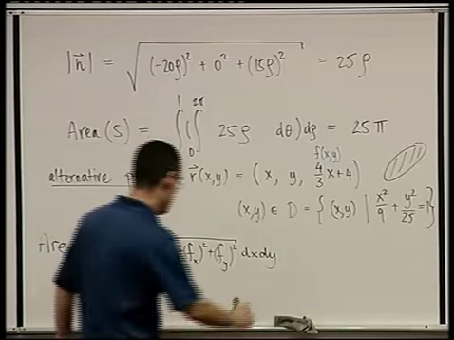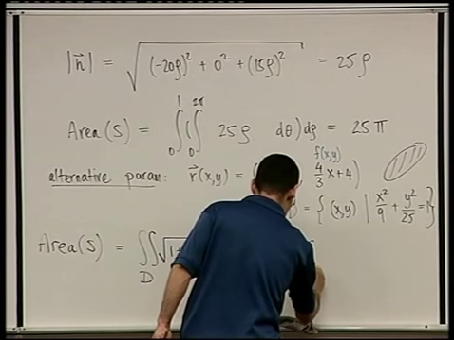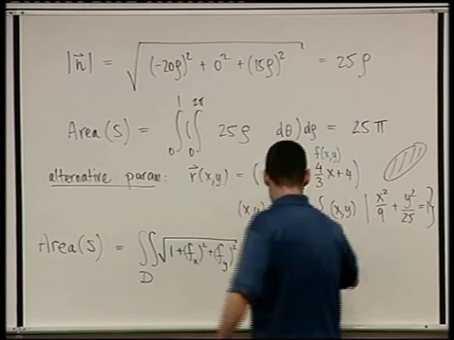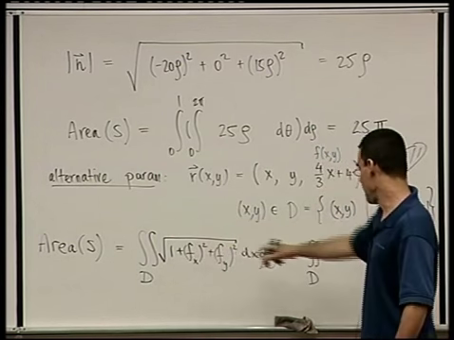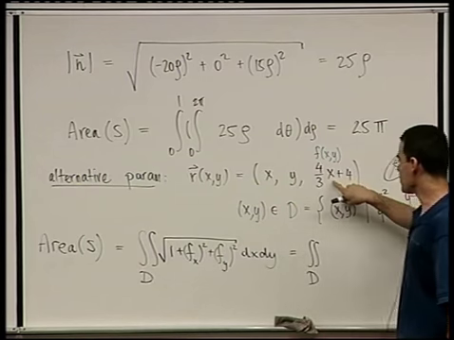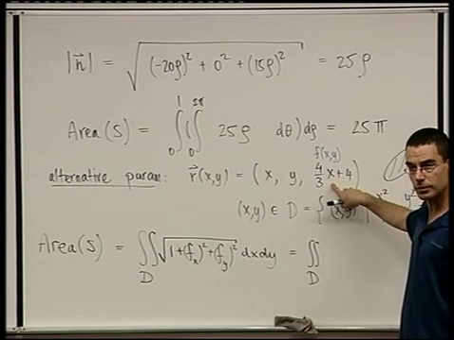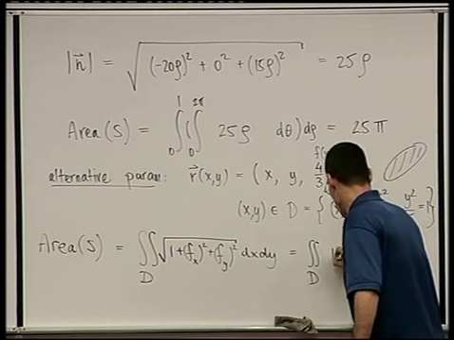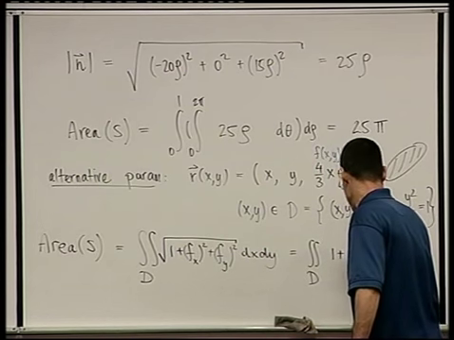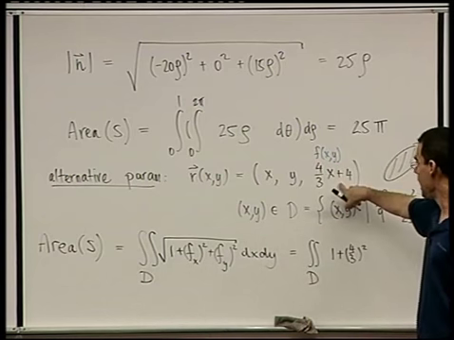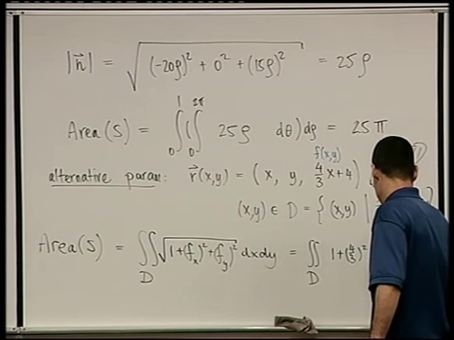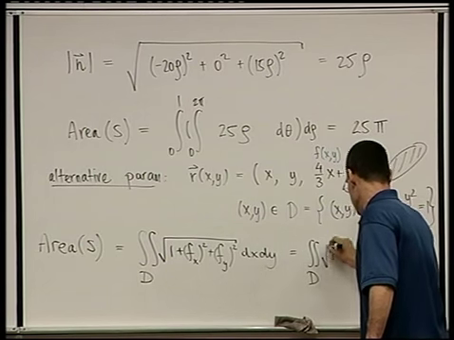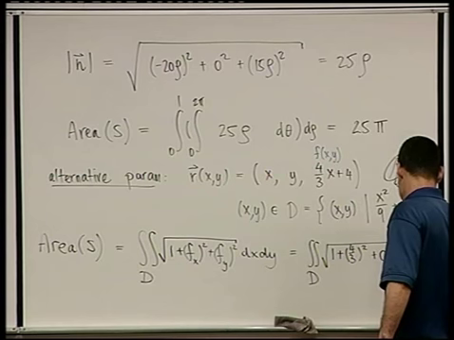Okay, so let's calculate it. It's the double integral over this domain D of the root of 1 plus f sub x, which is just 4/3, so 1 plus 4/3 squared, plus f sub y, which is 0, plus 0 squared, dx dy.